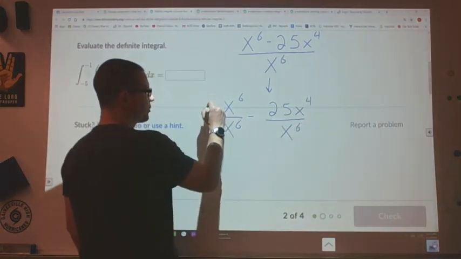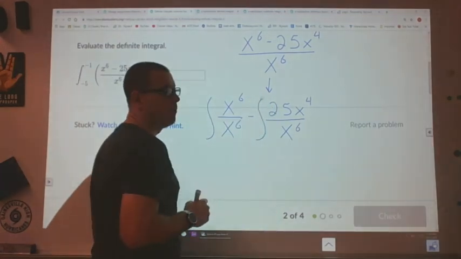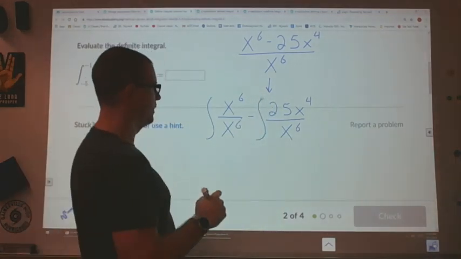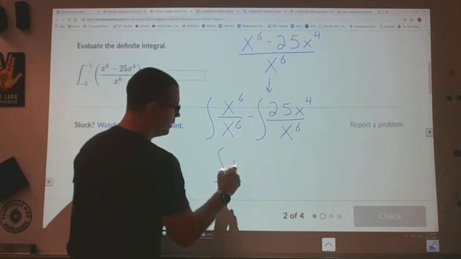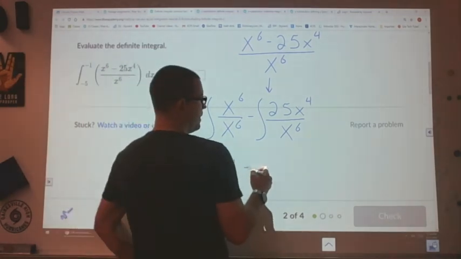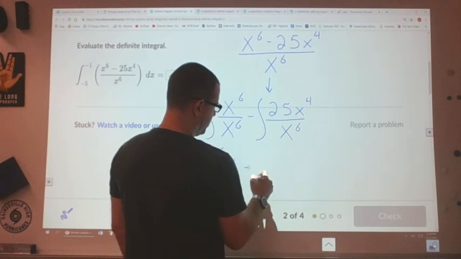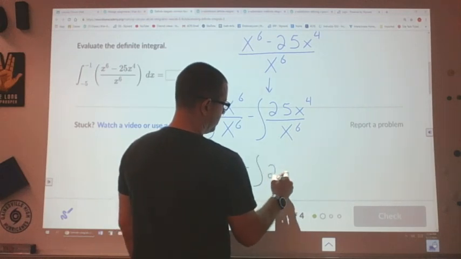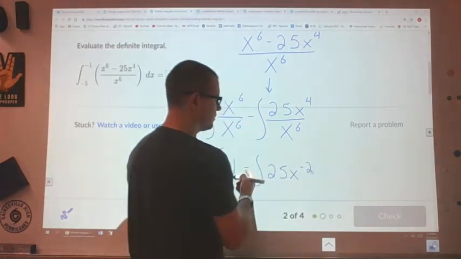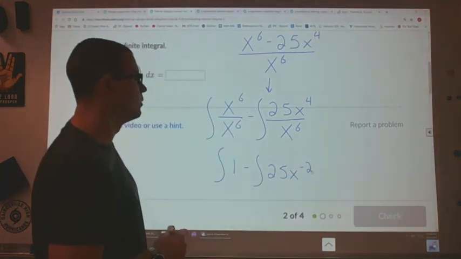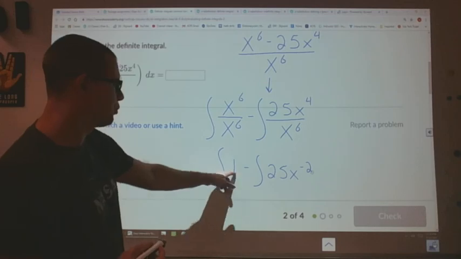And then I'm just going to integrate both of those terms. Well, x to the 6th over x to the 6th is 1. And this is going to be 25x to the negative 2 dx on both of those, so I can get the reverse power rule. But that's pretty simple.